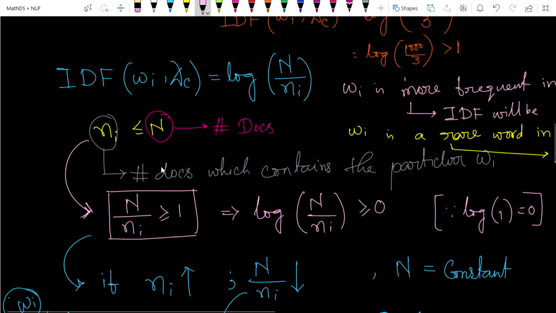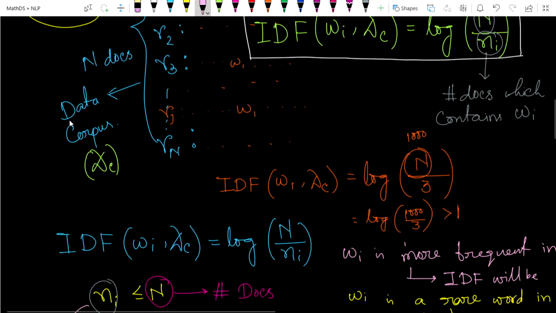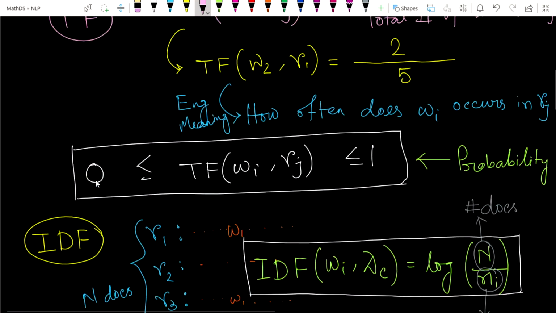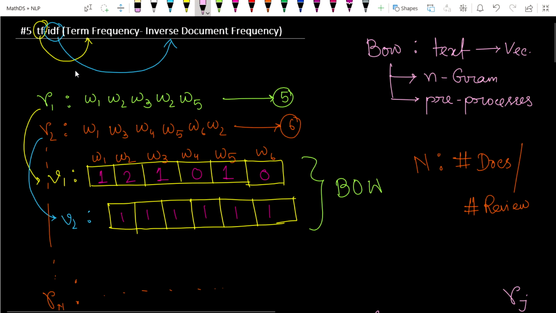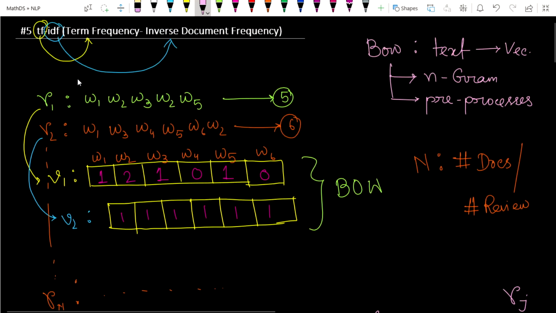But the main advantage is this: the problems that we faced in bag of words can easily be handled by the TF-IDF technique. I think you now understand the importance of term frequency and inverse document frequency.